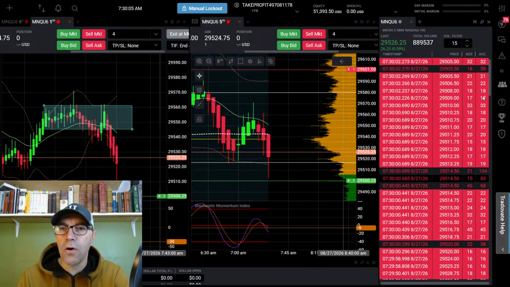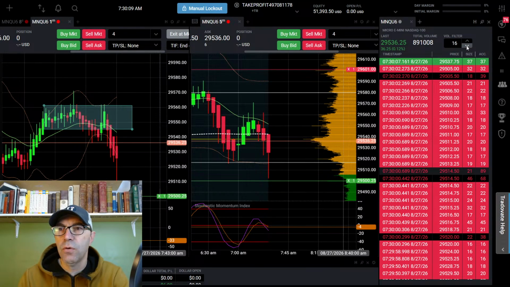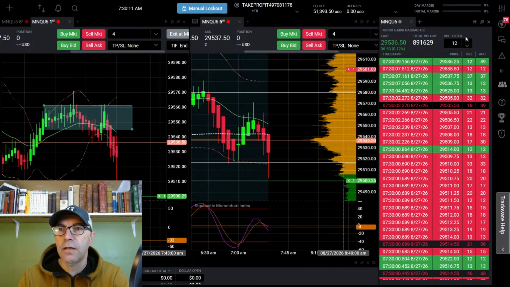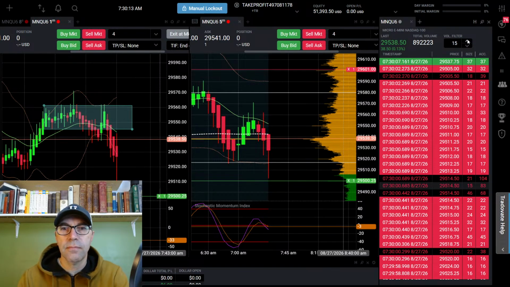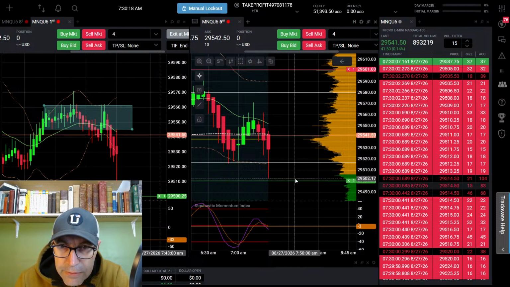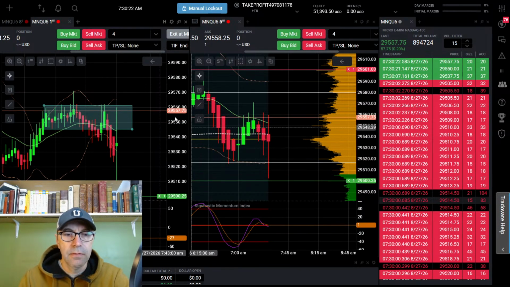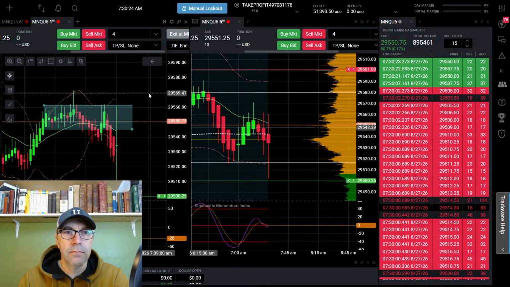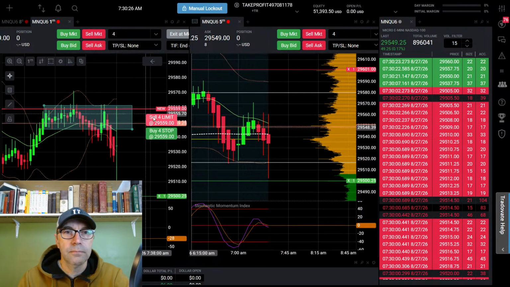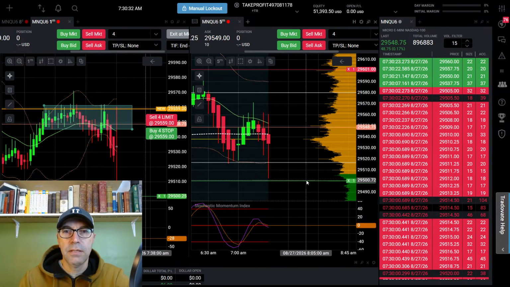7:30. Oh, look at this big, huge block of sell orders that came in. And we came close enough, 503, didn't quite hit the 500. Stinkbugs.